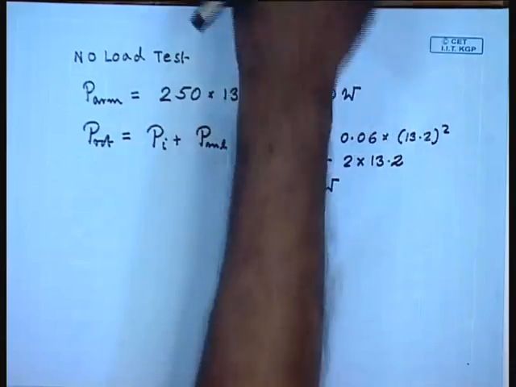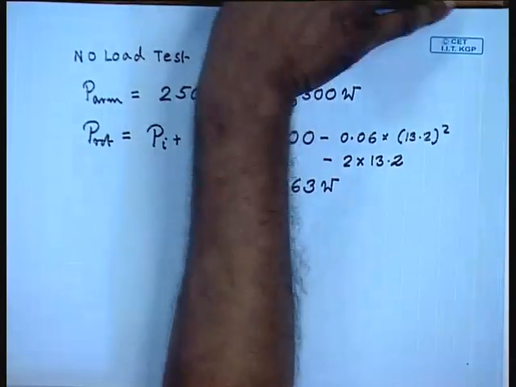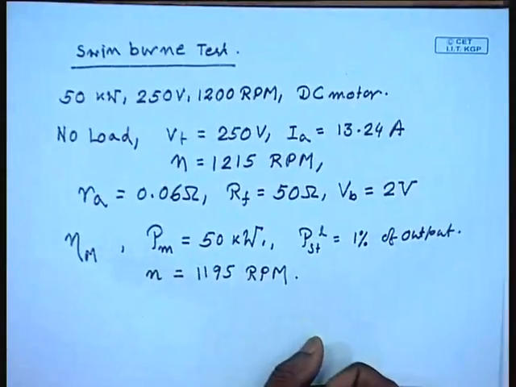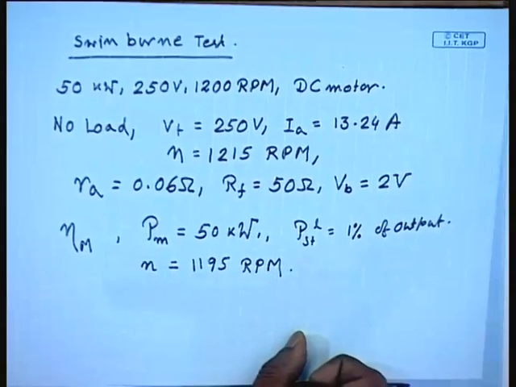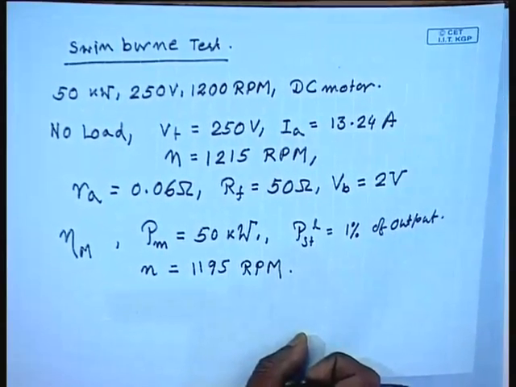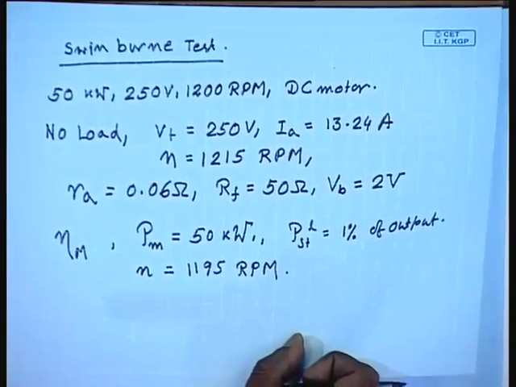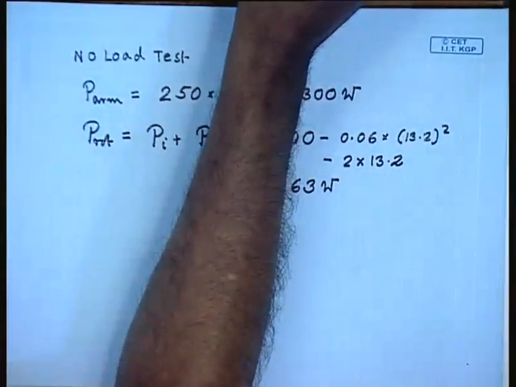Now, the speed varies from 1215 to 1195 rpm. We assume that due to this small variation in speed, the rotational loss does not change.